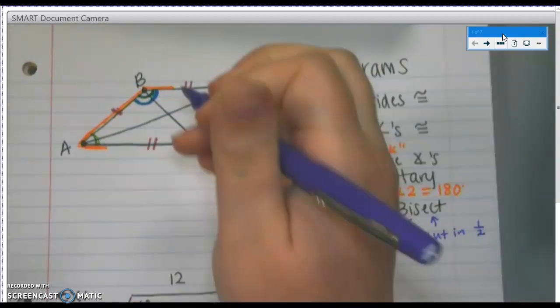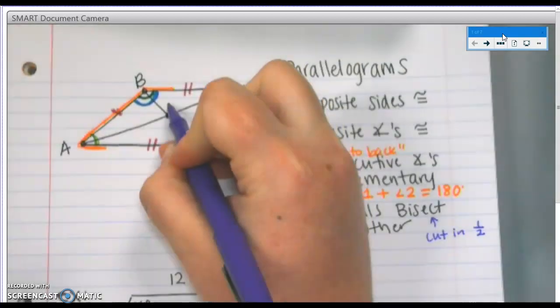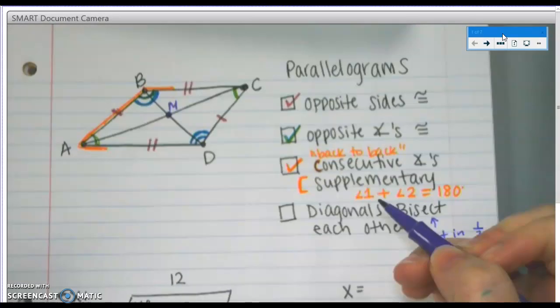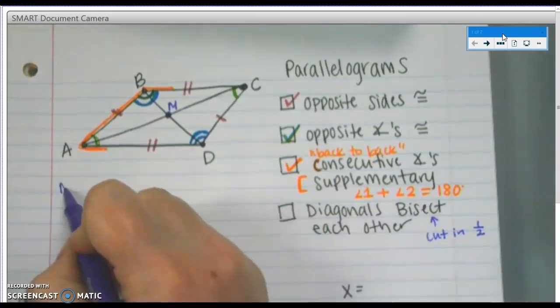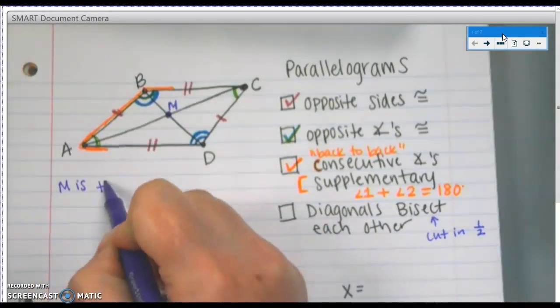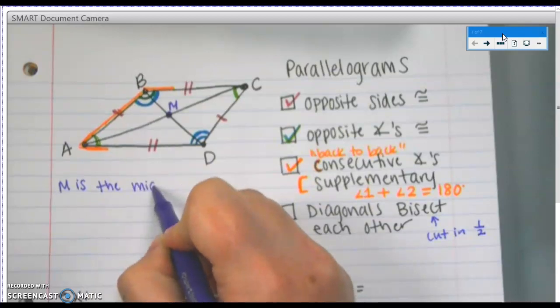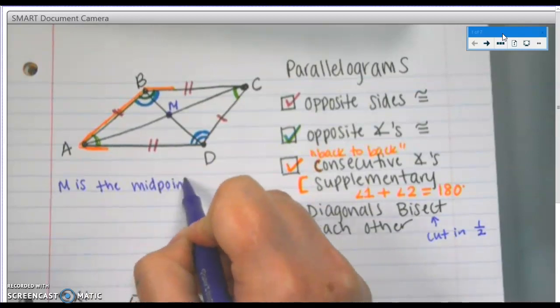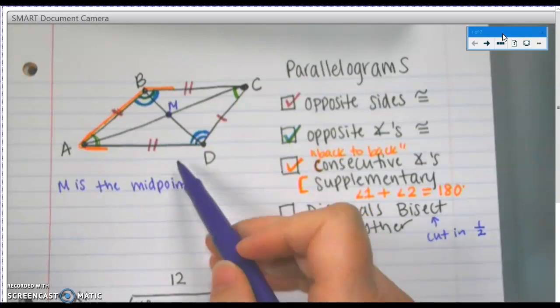But basically what that tells us is where they intersect, that M is the midpoint for both of those pieces.